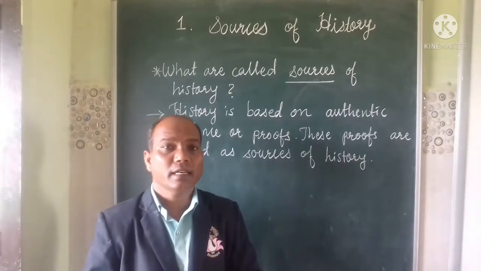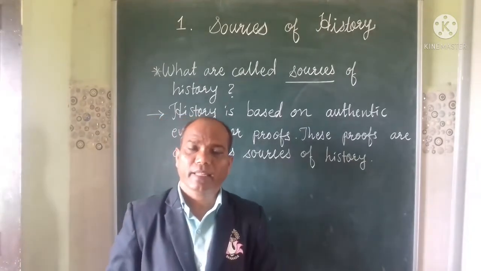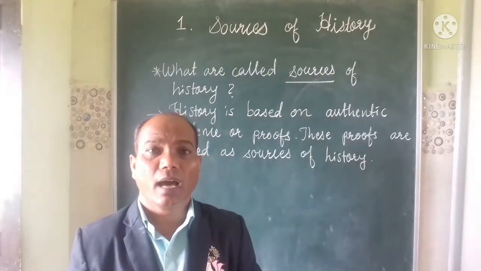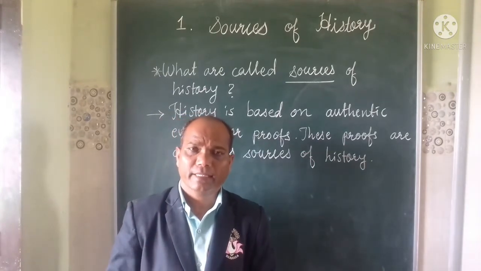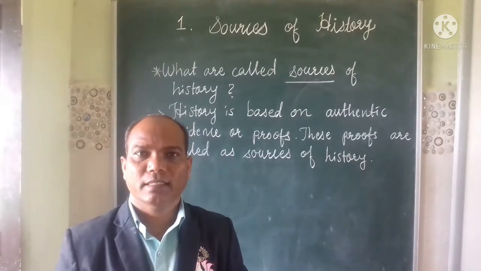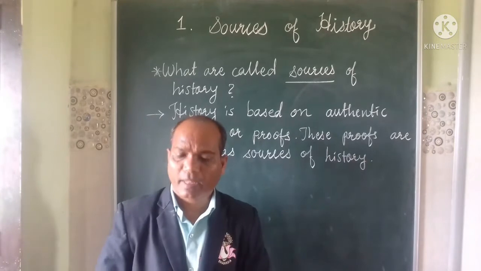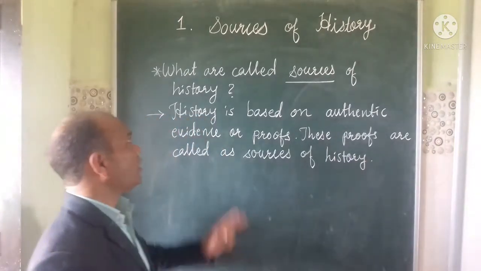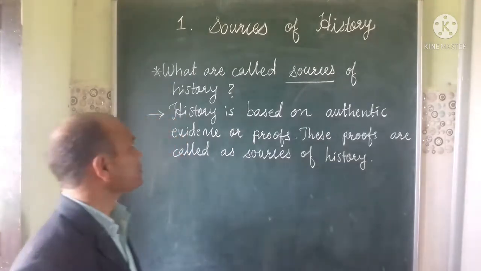The sun is the source of solar energy. In the same way, in the history subject, there are also sources of history. They are very important as far as a particular past event is concerned. Here, let's understand what are called the sources of history.